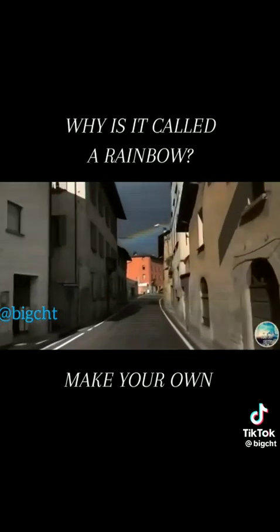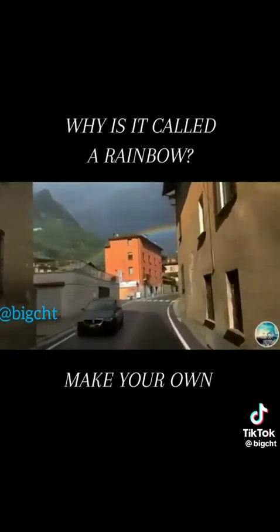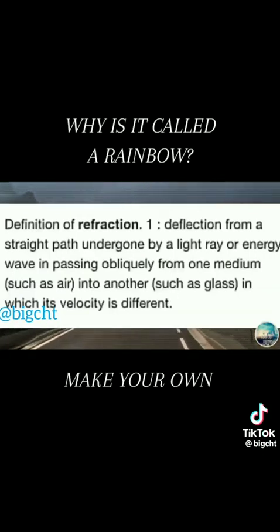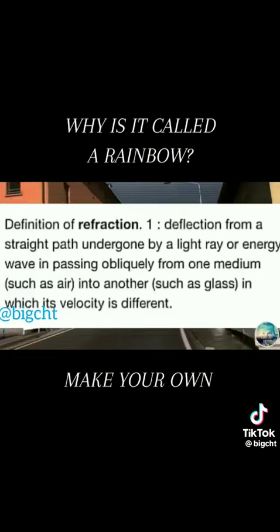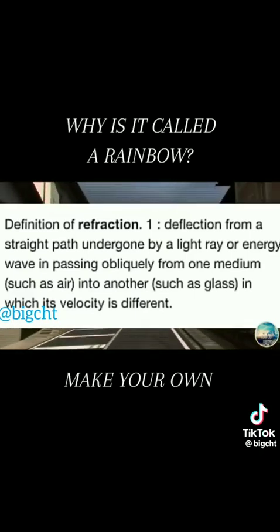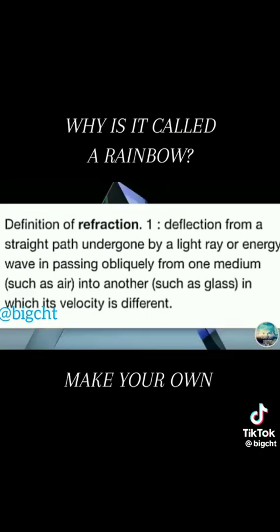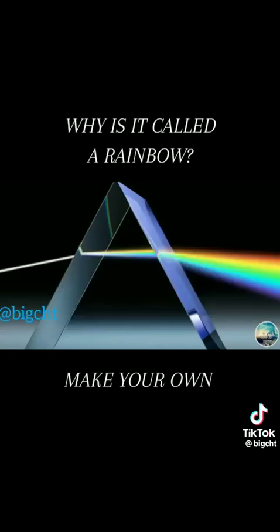Now, in order to understand this, you have to understand what refraction is. Refraction: deflection from a straight path undergone by a light ray or energy wave passing obliquely from one medium, such as air, into another, such as glass, in which its velocity is different. Now here's an example of refraction.